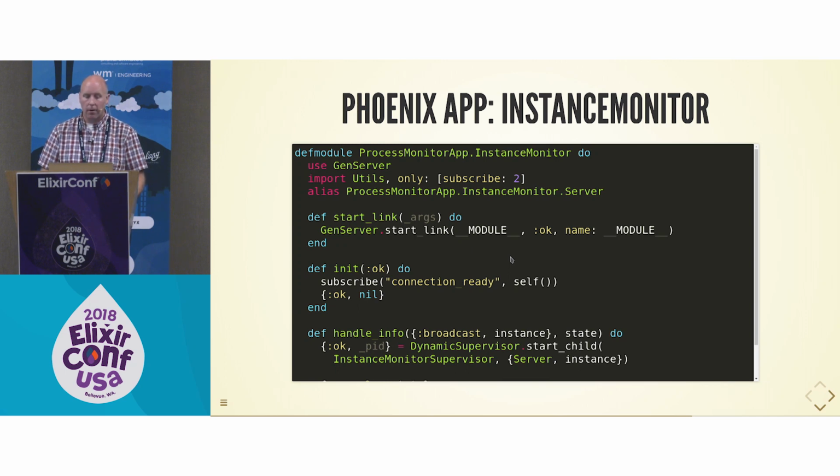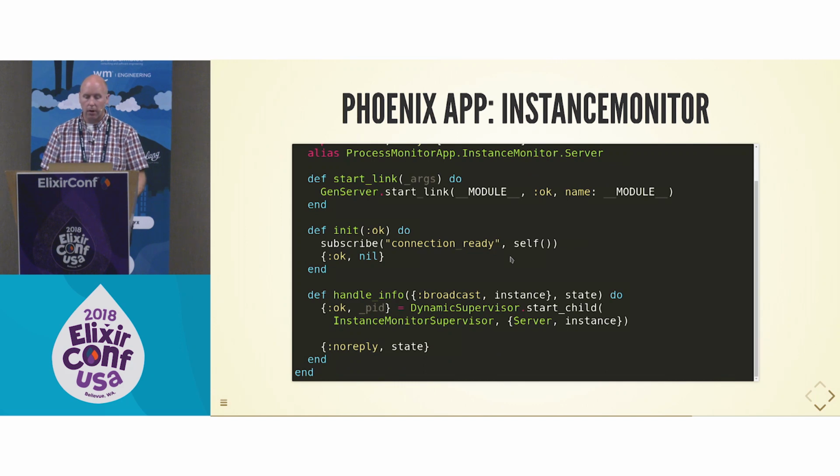Inside of that, in our init callback, we can subscribe to that connection ready broadcast. Next, in our handle info callback, we can create a process that will actually send a command to the SSH connection for what we're interested in and parse the results. From here, it's pretty trivial to create your controller and views to display this information.